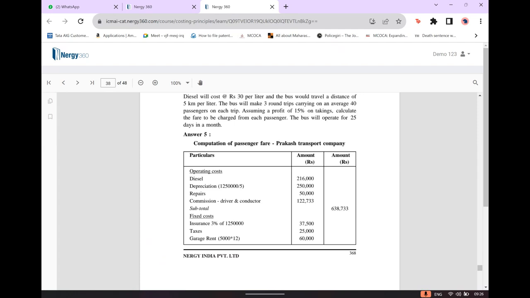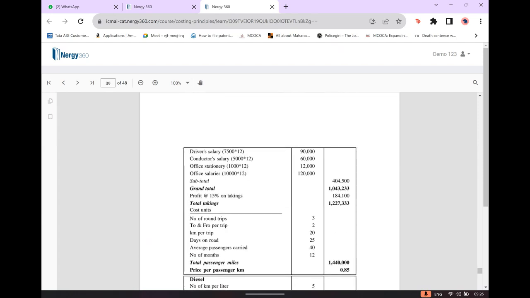Fixed cost: insurance is 3% of the cost of the vehicle. Taxes, garage rent, so operating expenses and fixed expenses. Driver's salary, conductor salary, all these are fixed. Office stationery, office salary.